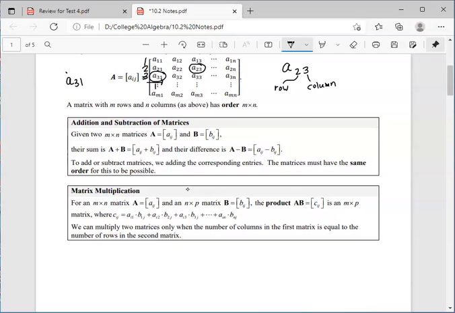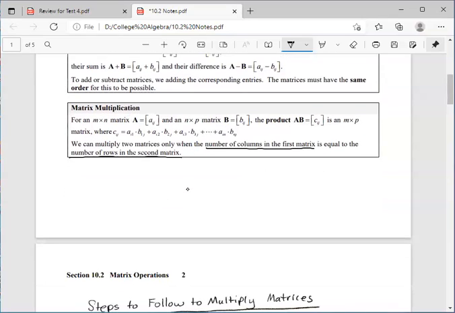Because when you're multiplying them, you can only multiply them when the number of columns in the first matrix is equal to the number of rows in the 2nd matrix. So that's a little bit confusing. Let me give you a visual of that.